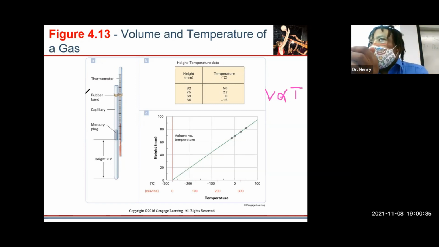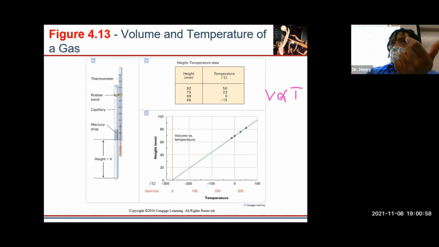Okay. So if we had stuck our hand on a thermometer and we have a fever, that thermometer is going to start rising, right? And that's making the assumption that we have constant pressure and constant amount of solution. So if you guys do me a favor. You guys know the body temperature.